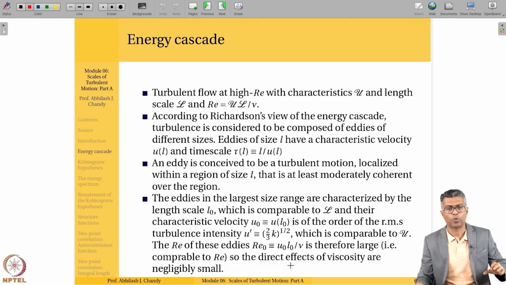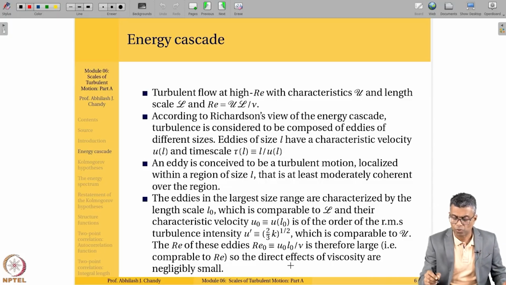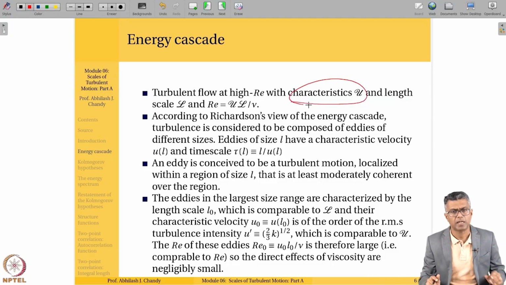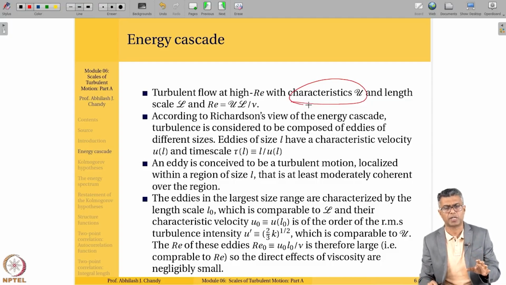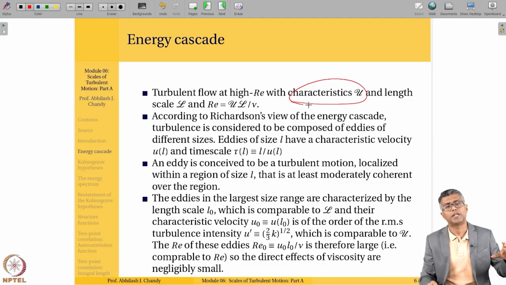You have a turbulent flow at very high Reynolds number, and it has a characteristic velocity scale U and a characteristic length scale L. So this characteristic velocity scale, just like I was describing the characteristic length scale earlier, is what is the velocity scale that determines the flow, which means for a jet flow, it is the jet velocity.